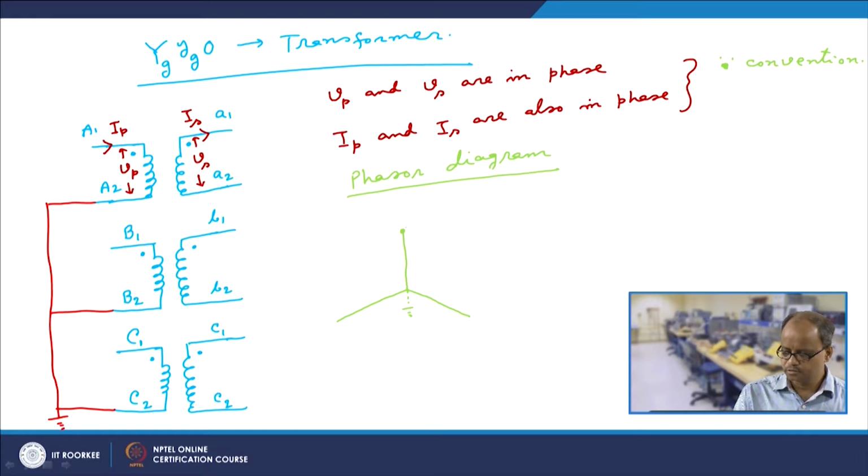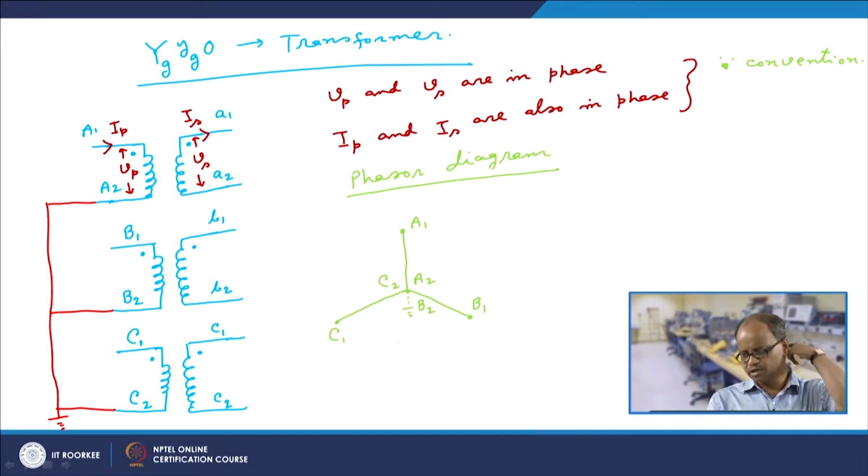Let us say this point is A1, this point is A2, this point is B1, this point is B2, this point is capital C1, this point is C2.